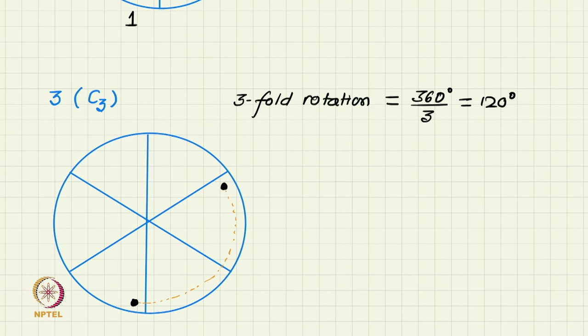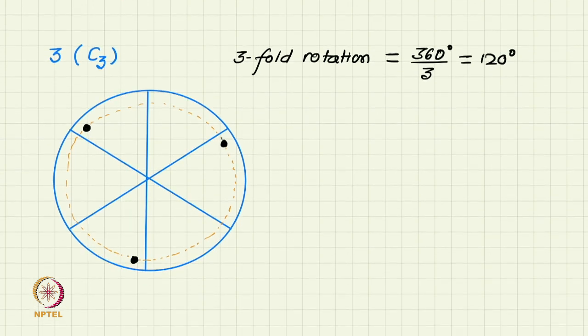Then I have to continue. Since 120 degree rotation is part of the group, I can again apply 120 degree from this new position, which is 240 with respect to the original position. So, I get yet another point. And if I do further 120 degree, then I come back to the original position, and then I will repeat the same thing, nothing new will be generated. So, there are 3 equivalent positions generated by this three-fold group.